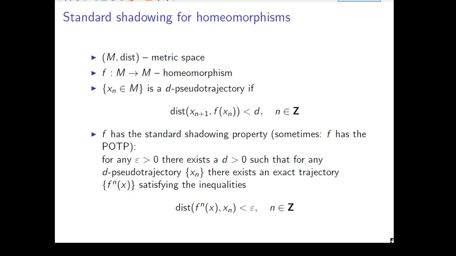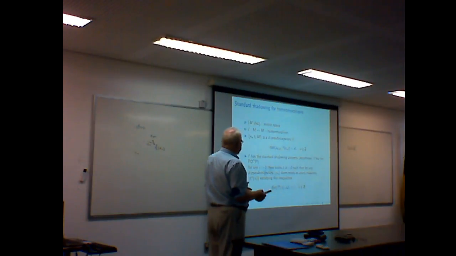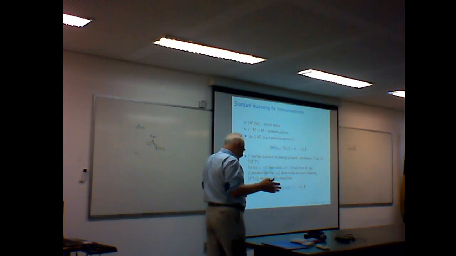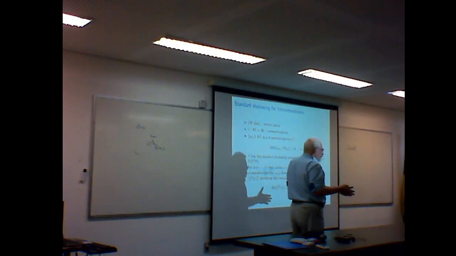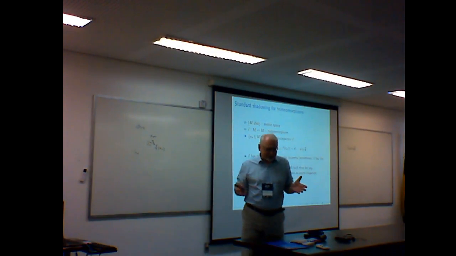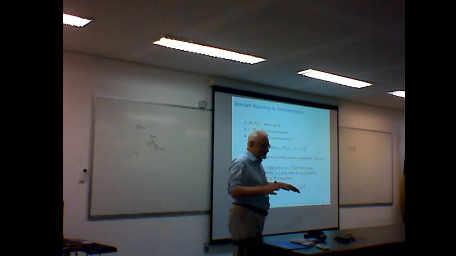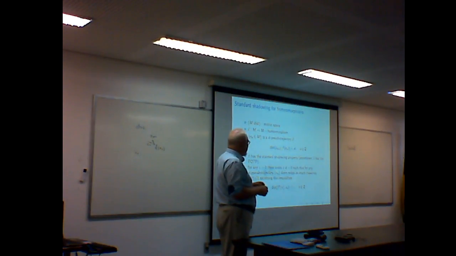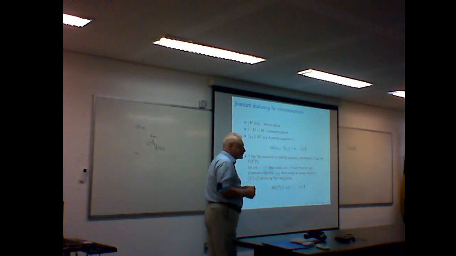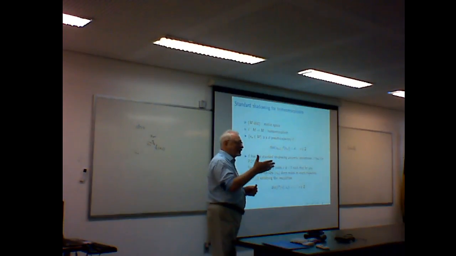And the main property which we now study related to such approximate trajectories, I call it just the standard shadowing property, because now we have too many shadowing properties, and I'm also responsible for that. I introduced some of them, and people introduce more and more, so I call it the standard shadowing property, or it's called the pseudo-orbit tracing property, coming mostly from Japan.